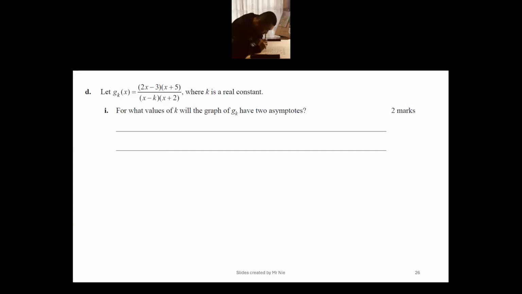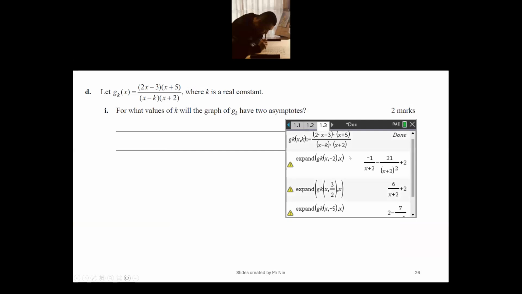Part D was a challenging question involving the parameter k. So we would like to find the values of k for the graph g of k to have 2 asymptotes. If you use the expand button again, you will be able to get some general form, but in this case I defined it with respect to x and k.